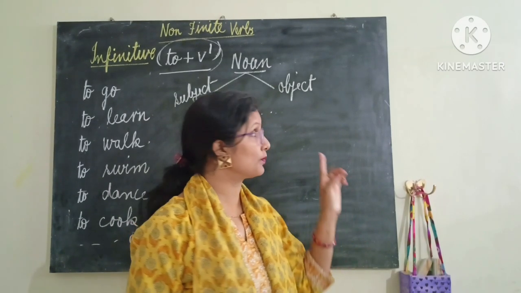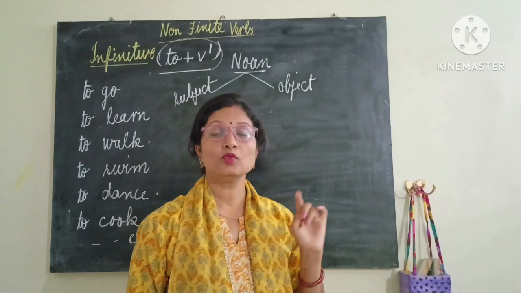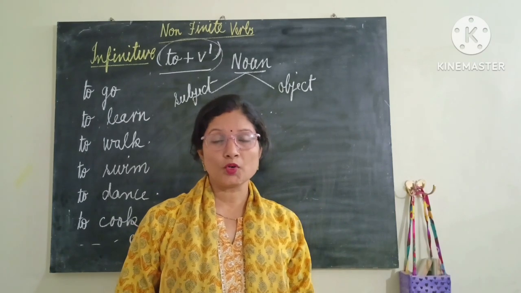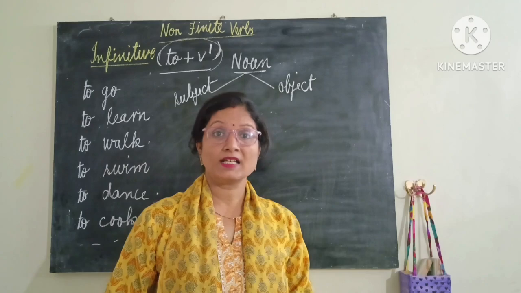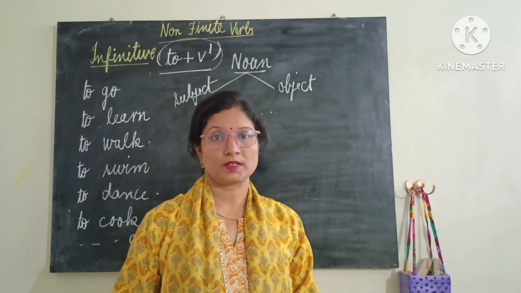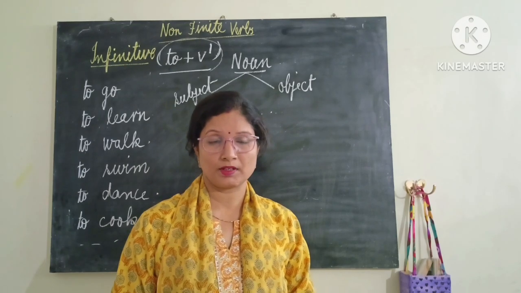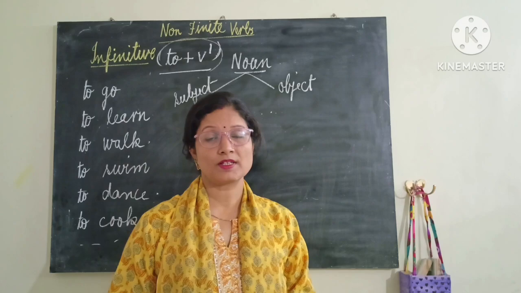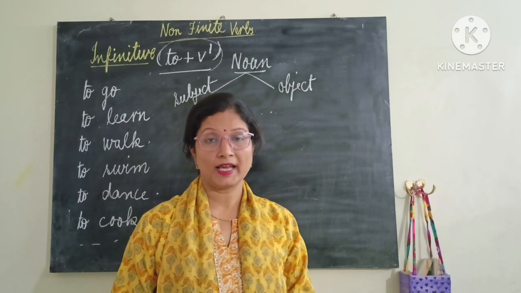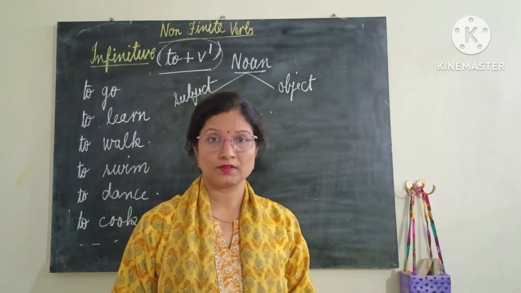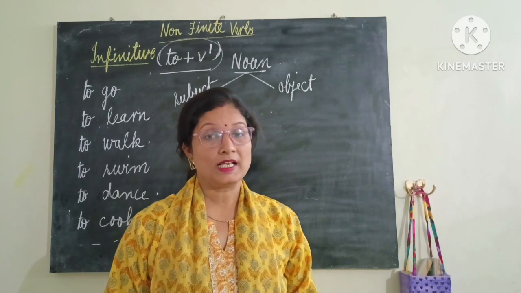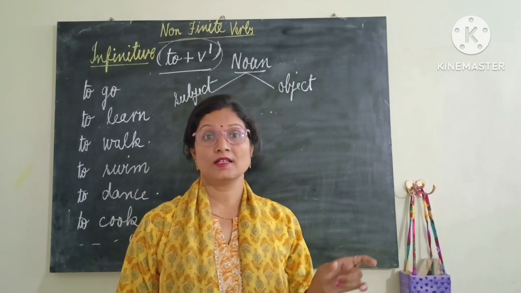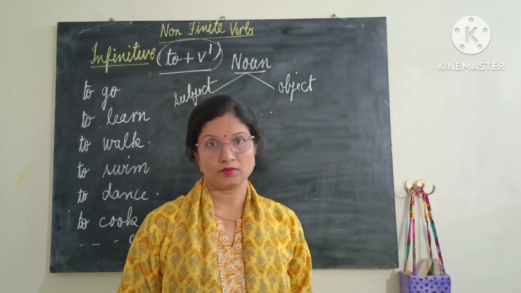In the same way, objects are always nouns or pronouns. If you want to keep any word in place of subject and object, it has to be a noun first. Have you seen any sentence starting with a verb, adverb or adjective? No, because a sentence starts with a subject, and a subject is always a noun or pronoun.